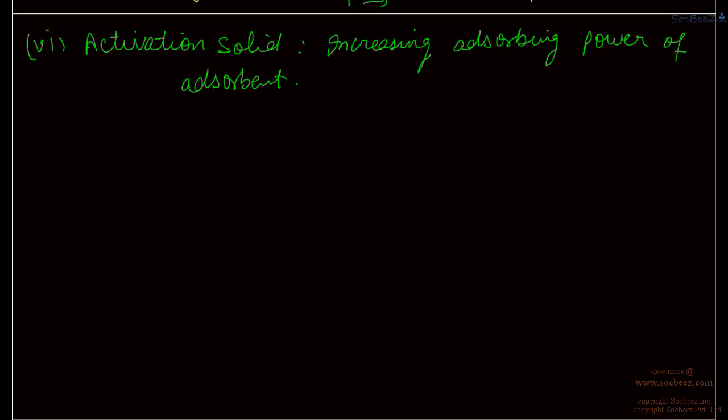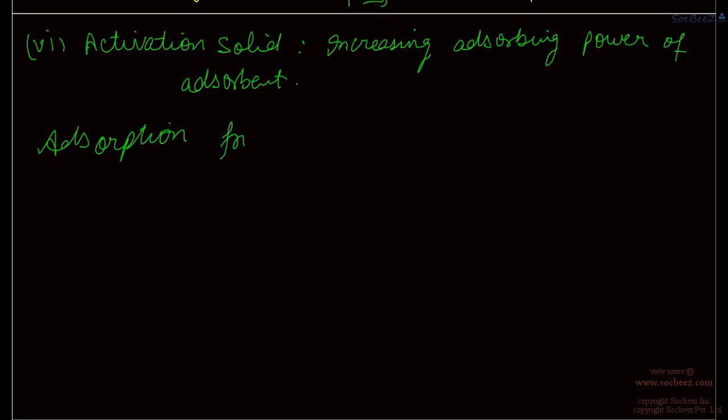Let's discuss adsorption from solution. Some solids are capable of adsorbing certain solutes from the solution, and this property is made use of in adsorbing coloring matter from solutions of organic substances.